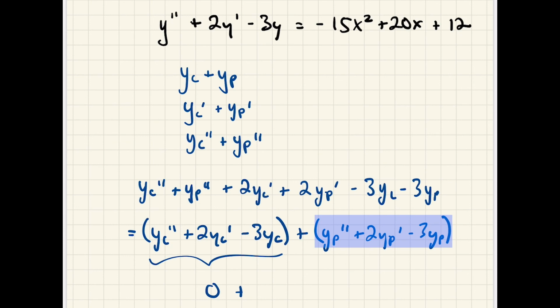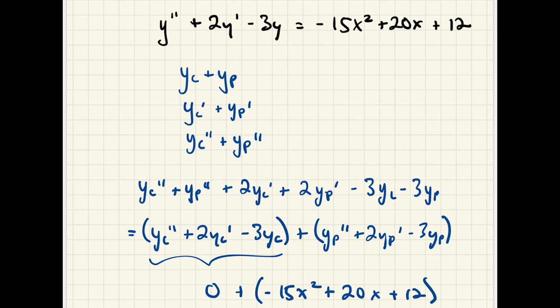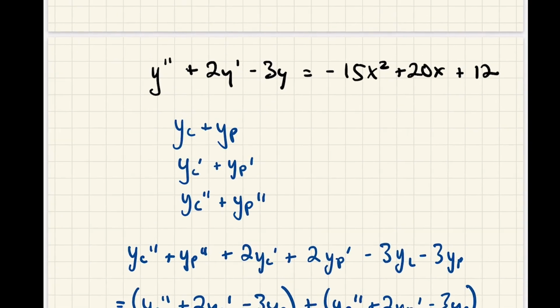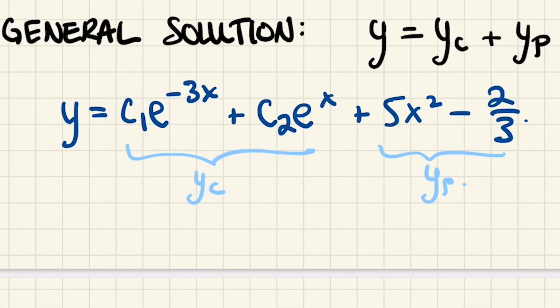And what about this? Well, we know when we plug the particular solution into the left-hand side, by our judicious choice of a, b, and c, it's going to generate that right-hand side. So we're going to get negative 15x squared plus 20x plus 12, which is the right-hand side of the differential equation. So that should convince you that yc plus yp is indeed the general solution.